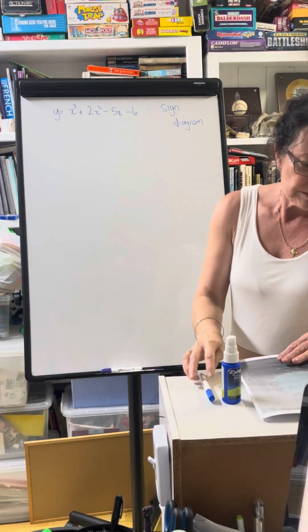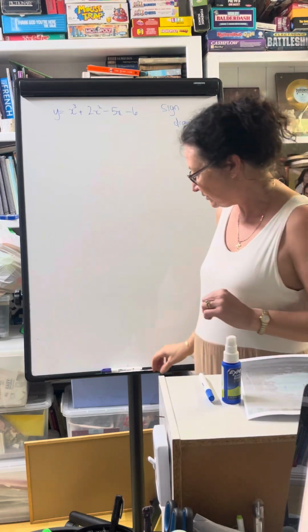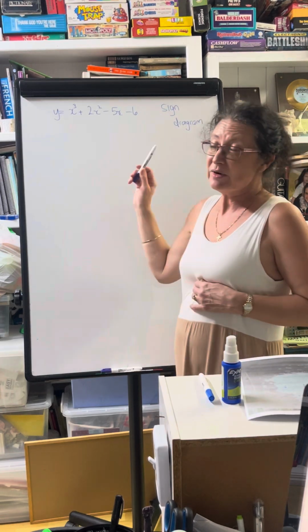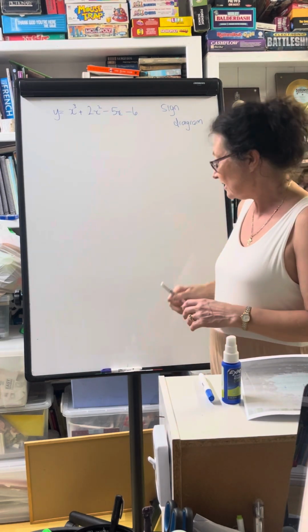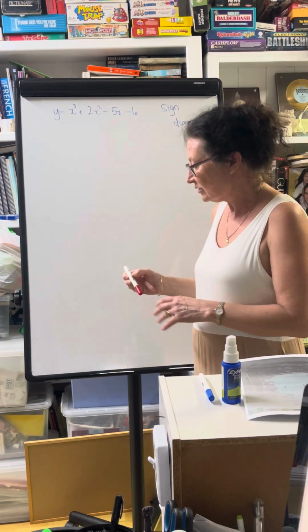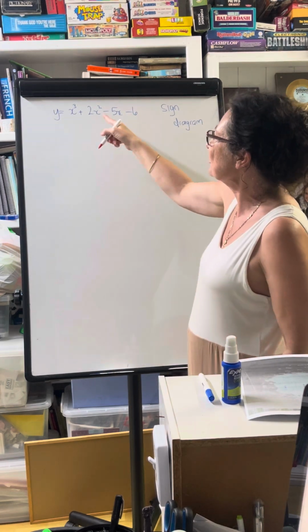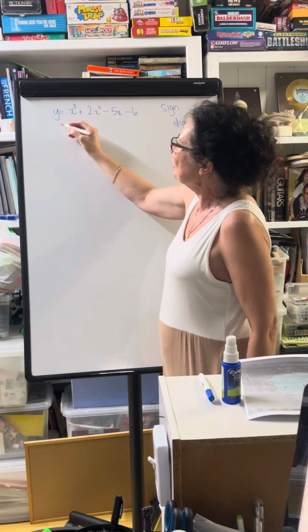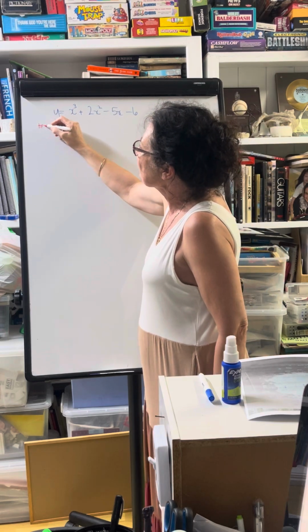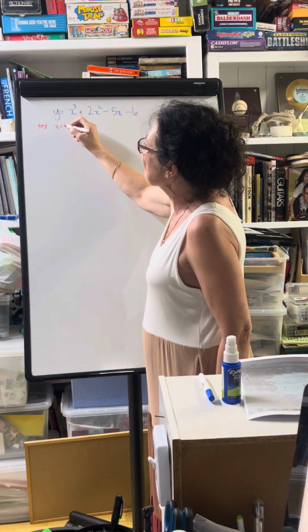Now, what we first of all have to do, and I'll do this in one of my other videos, is to find the solution, or in other words, the roots. And when it's a cubic, we just test x equals 1.